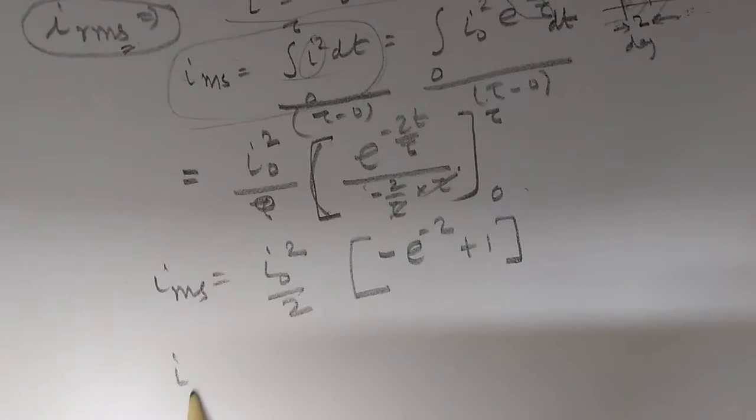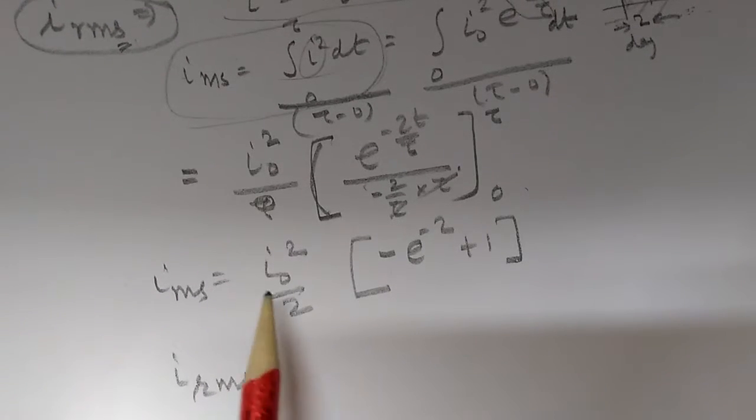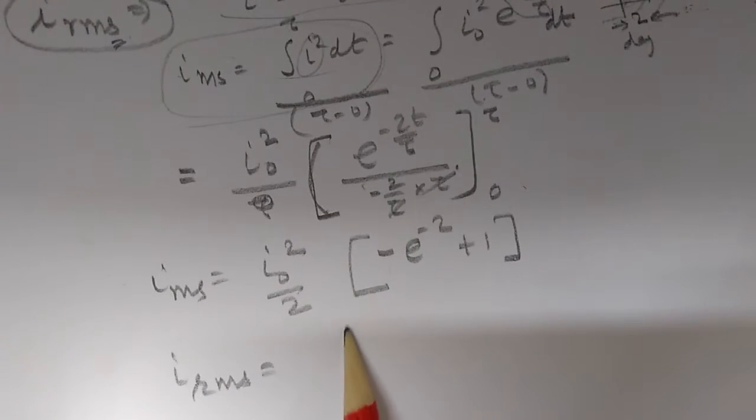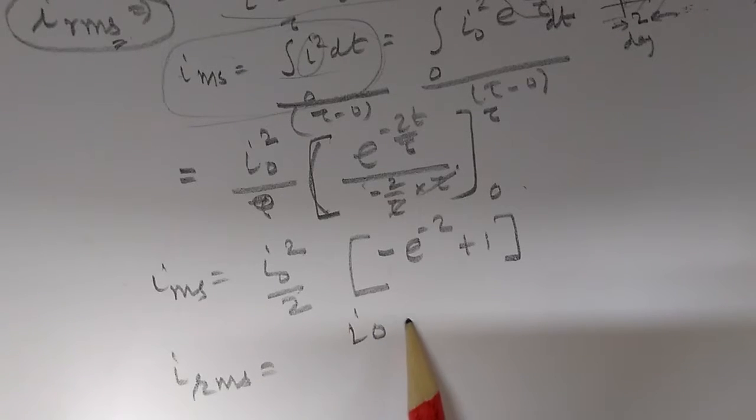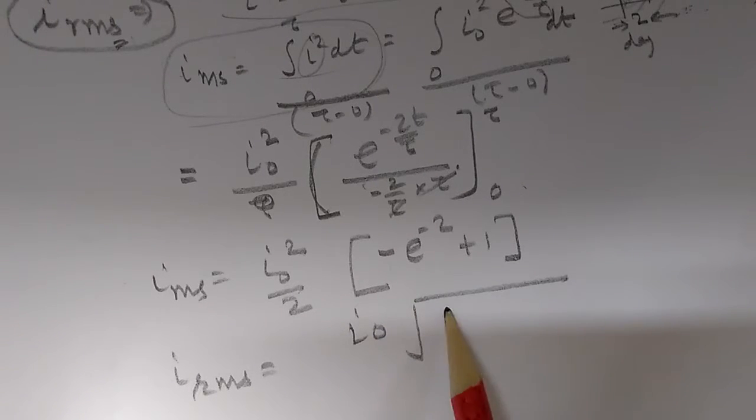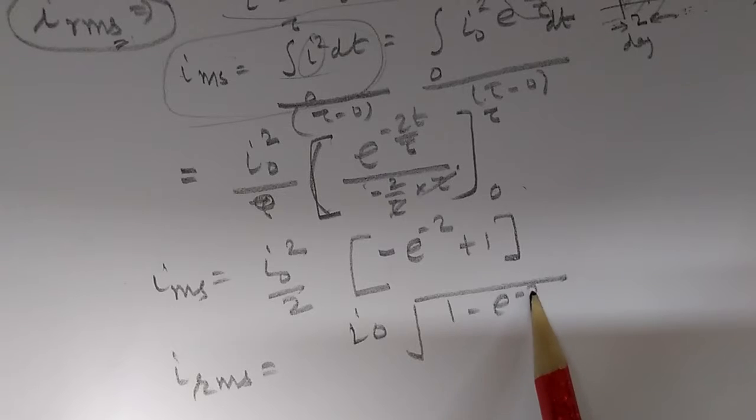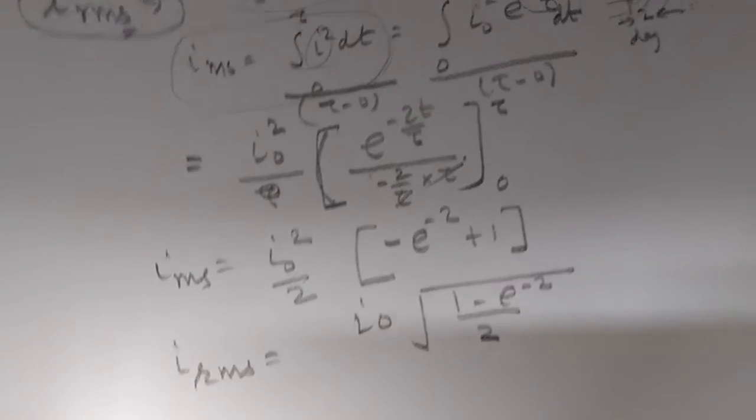Now what is I root mean square? It will be equal to the square root of the whole thing. So this becomes I naught times the square root of (1 minus e to the power minus 2) divided by 2. That is your answer.